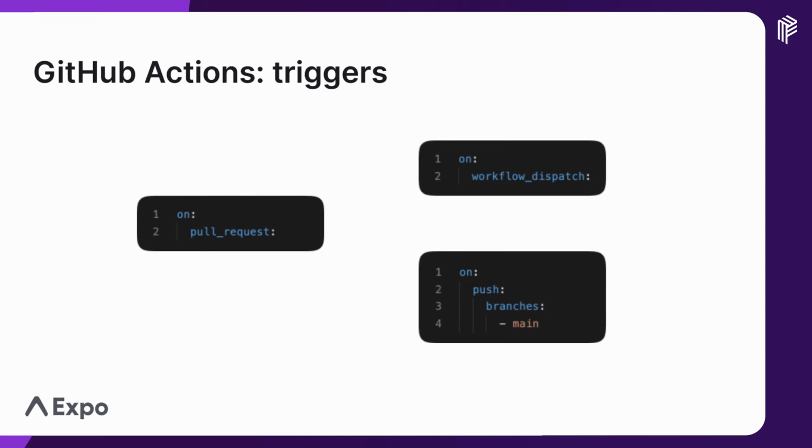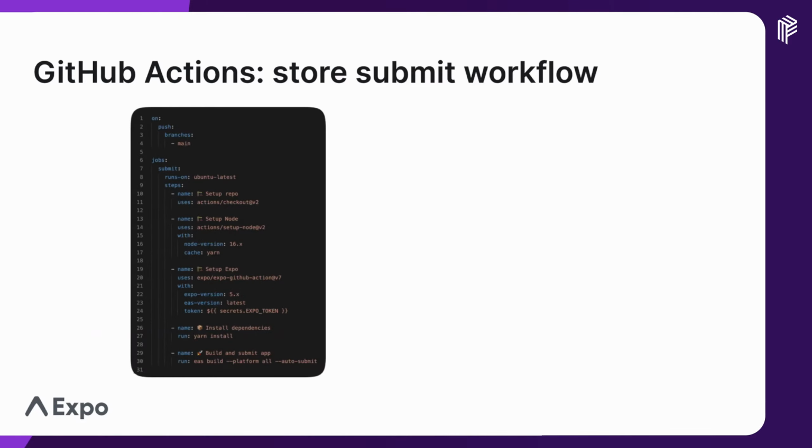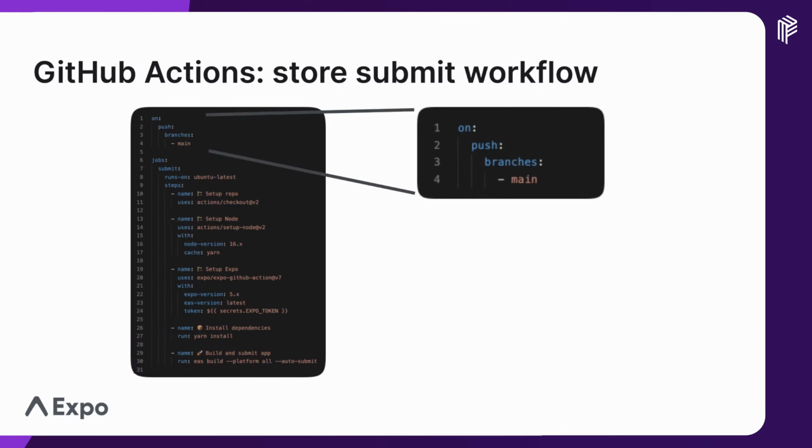Now, why is this useful? Because you can also combine it. And combined with this, we can actually go for the last step that will help you really empower CD. Again, this looks similar to the previous one, but it actually has a few new things. We changed the trigger here to run this workflow on every change to the main branch.